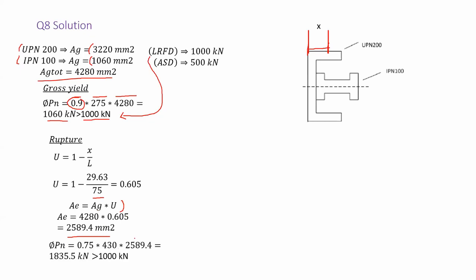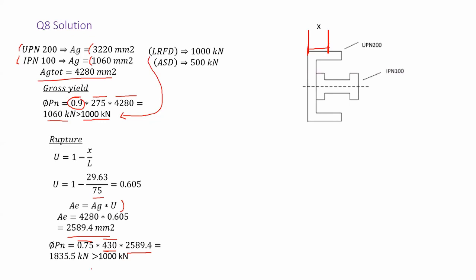And if you check the equation according to LRFD, I'm not checking ASD in here to save time. So for LRFD, you multiply by 0.75, multiplied by Fu, this value 430, and lastly the effective area.